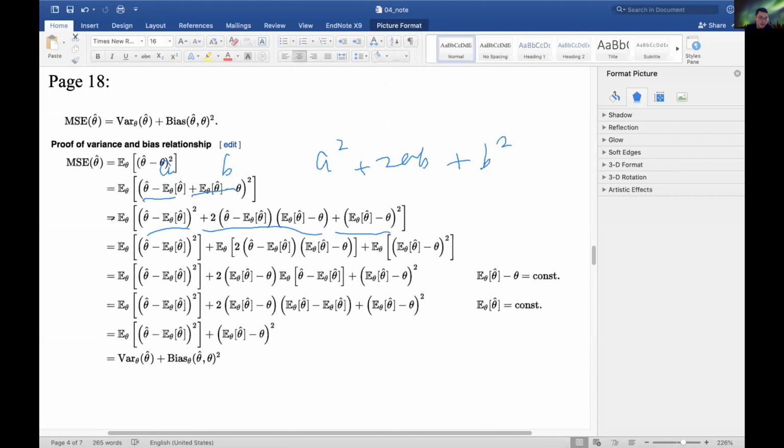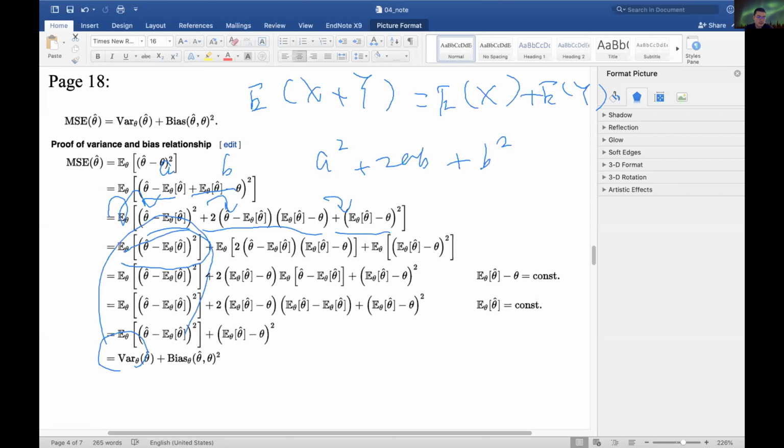The linearity of expectation says that if you have X plus Y, two random variables, unconditionally the expectation equals the expectation of X plus the expectation of Y. This is always holding, there's no constraint. Unlike variance, where you need X and Y to be independent. So then we can apply the expectation to each of these terms. If we look at the first term, this is exactly the variance. So we already constructed the variance.